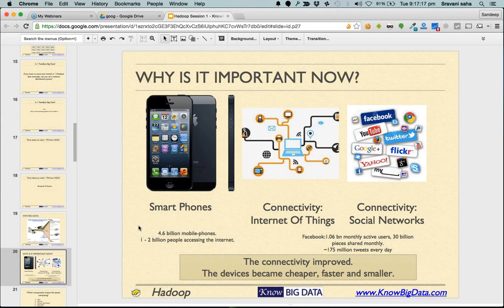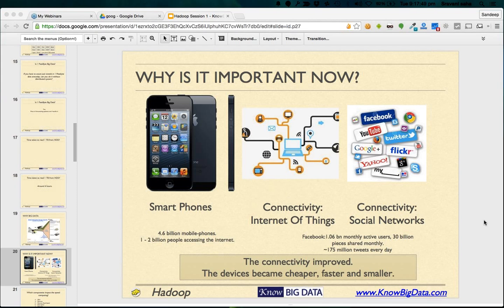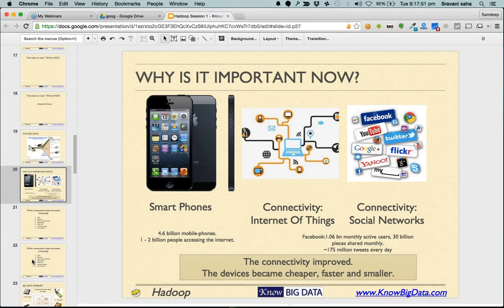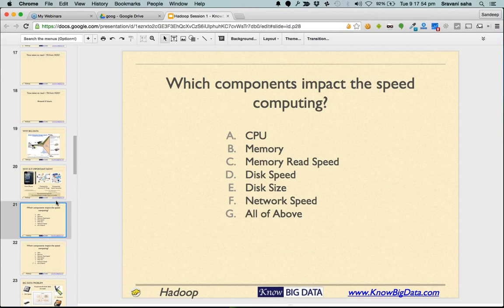Sending messages only makes sense if you are connected to other people. So although the data is generated by the phone, it gets multiplied because of connectivity. The connectivity between people and between things is causing such a huge uplift in data generation. Make sense? Although this is common sense, we need to understand this part.